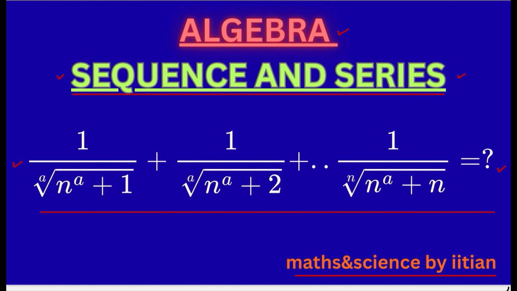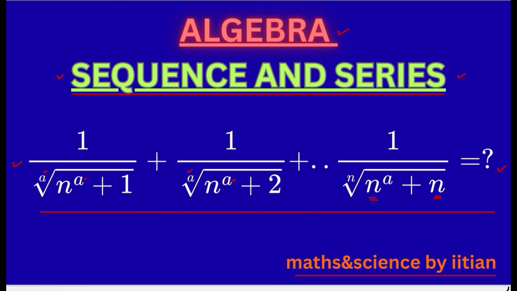Here n is varying and also a is varying, the power and root also. Under these circumstances, for various values of a, how is this particular series going to behave?